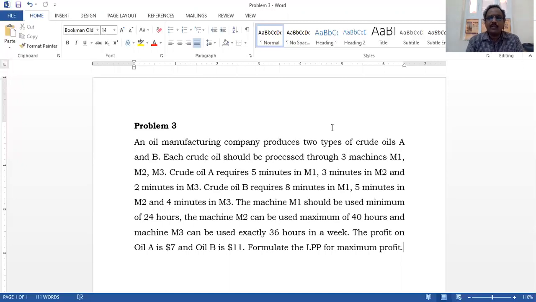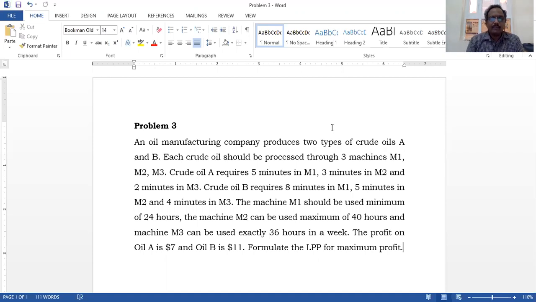Crude oil B requires 8 minutes in M1, 5 minutes in M2, and 4 minutes in M3. The machine M1 should be used minimum of 24 hours. The machine M2 can be used maximum of 40 hours, and machine M3 can be used exactly 36 hours in a week. The profit on oil A is $7 and oil B is $11. Formulate the linear programming problem for maximum profit.